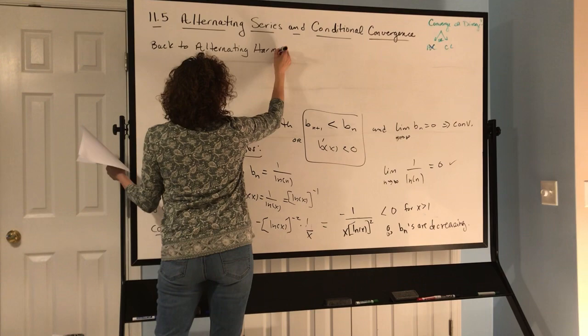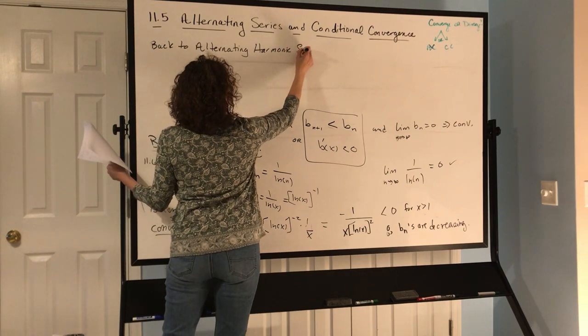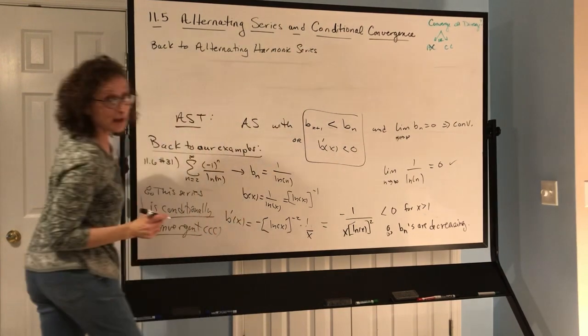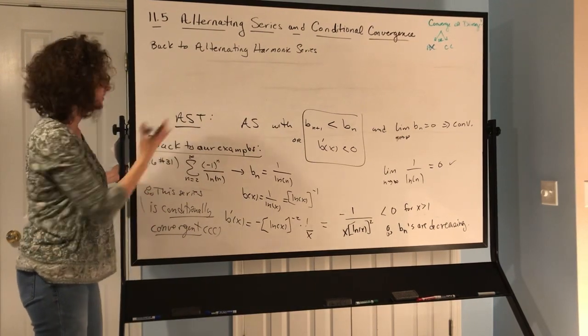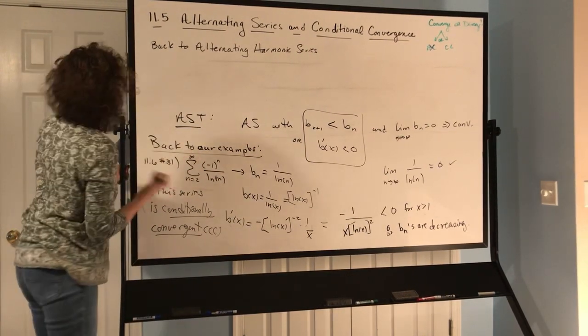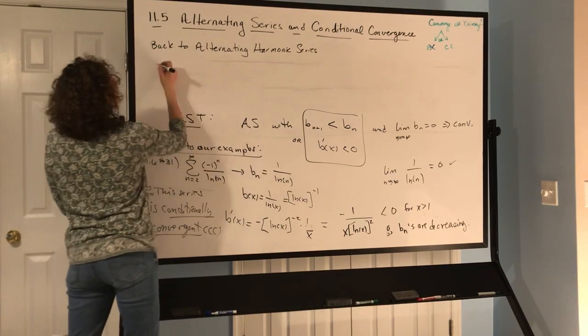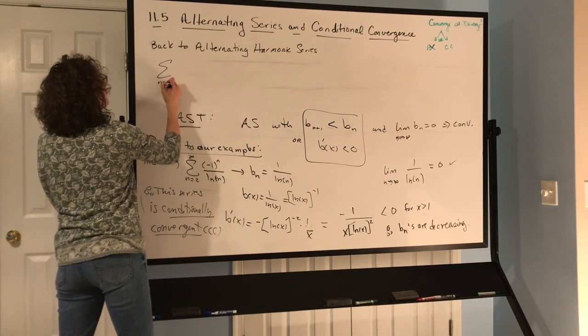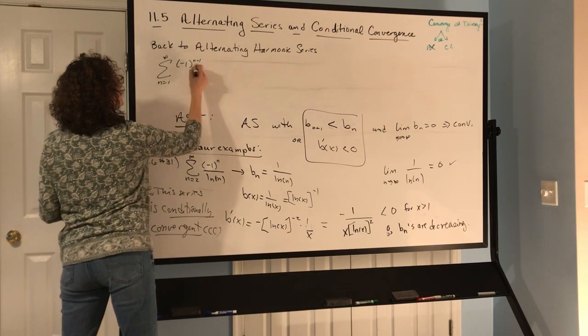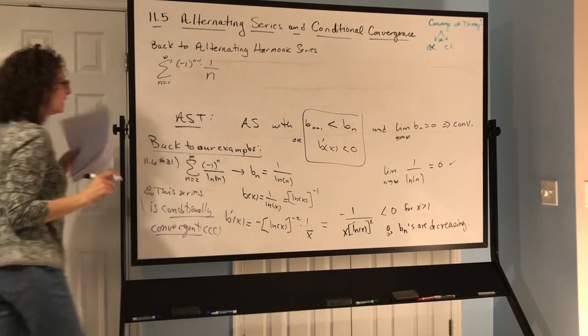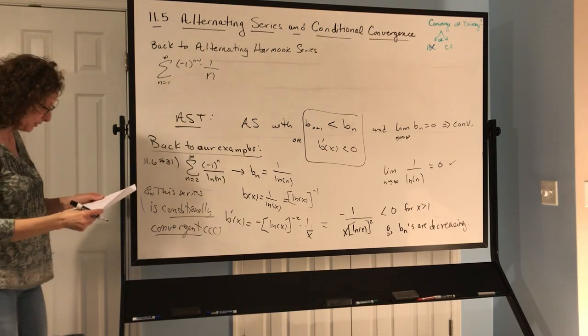We know the alternating harmonic series does not converge absolutely, because the series of absolute values is the harmonic series, which is the classic divergent series. So what was this guy? Sum n equals 1 to infinity of (-1)^(n-1) times 1 over n.